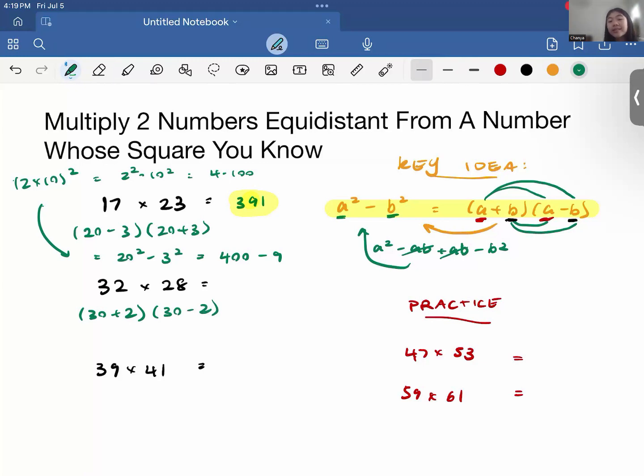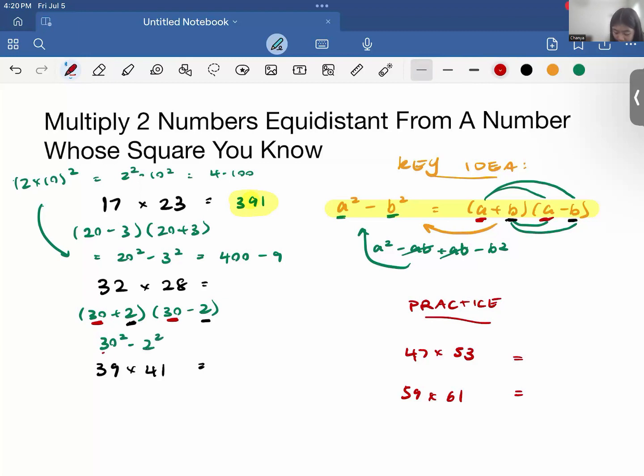This looks like difference of squares, right? So in this case, going back to our key idea here, 30 is going to be our a, and 2 is going to be our b, right? So this is equal to a squared minus b squared, or in other words, 30 squared minus 2 squared.